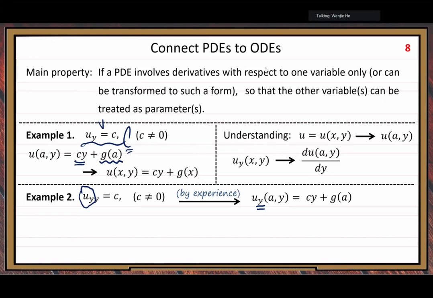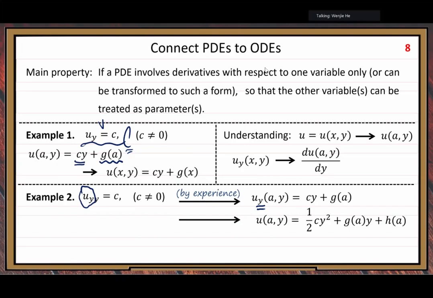We know how to do antiderivative on this part. Let's write it. U of x comma y, antiderivative with respect to y, is 1/2 cy squared, and for this antiderivative we treat g of x as a constant, so g of x times y.